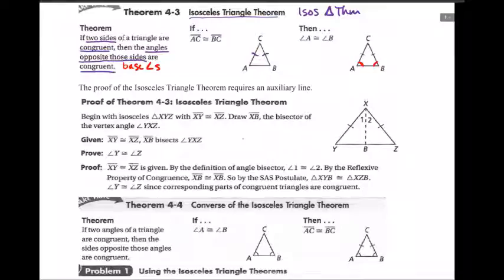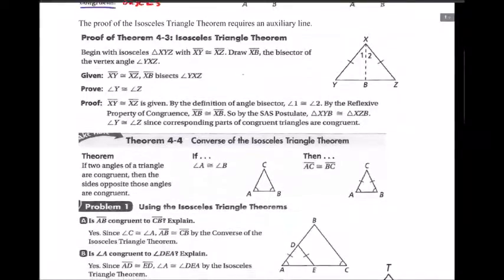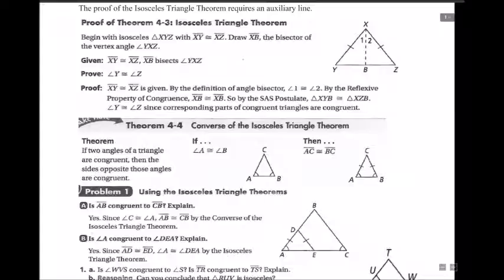The proof of this theorem is really pretty straightforward. So we say, well, if we have an isosceles triangle, so I've got two congruent sides, and we are going to draw an auxiliary line to help us with this, and we're allowed to draw a line through any two points. There exists a line.